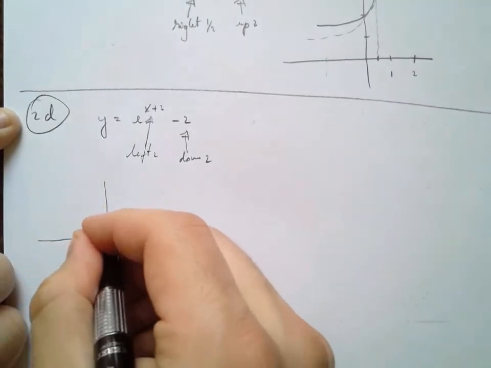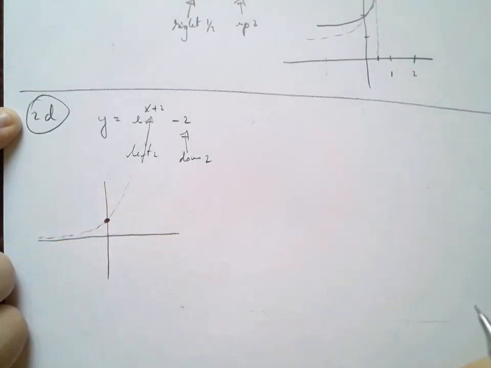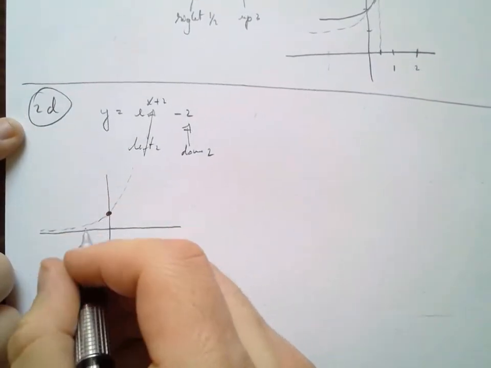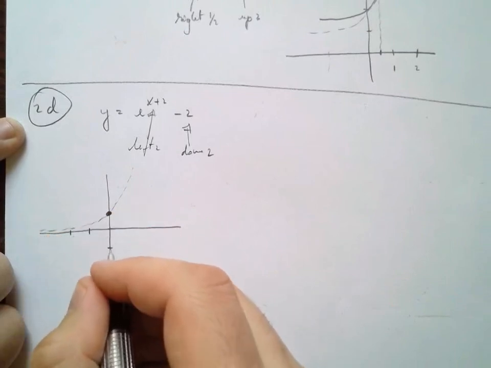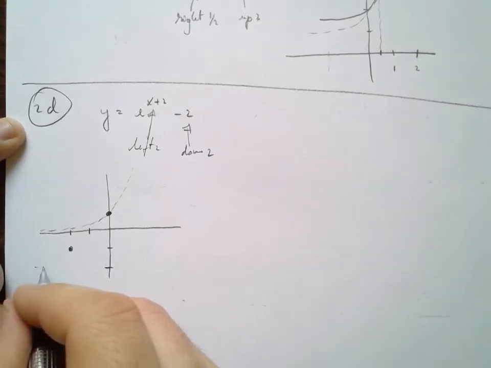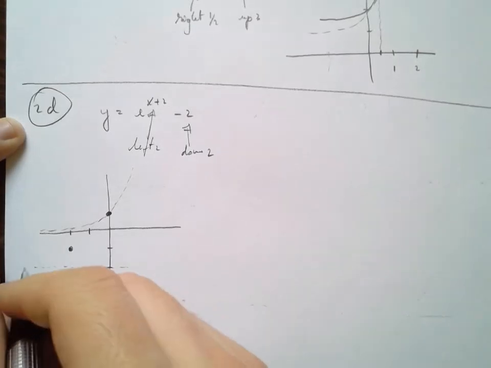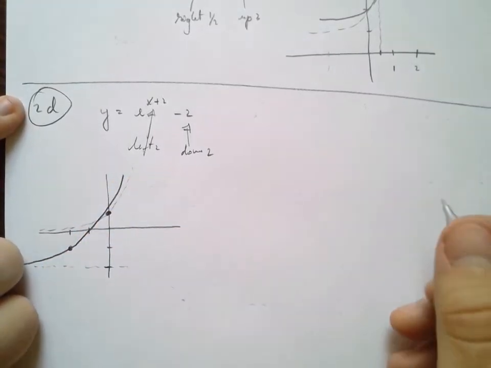I have my e to the x base point here. That's what it looks like. I'm moving it to the left 2 units, and I'm moving it down 2 units. So now this is my new base point. The asymptote is going to also move down together with that. So my function looks something like that, right? It's just a shift of the e to the x.